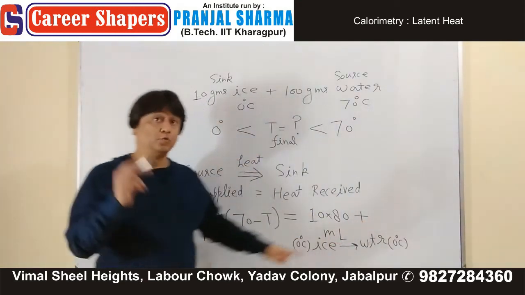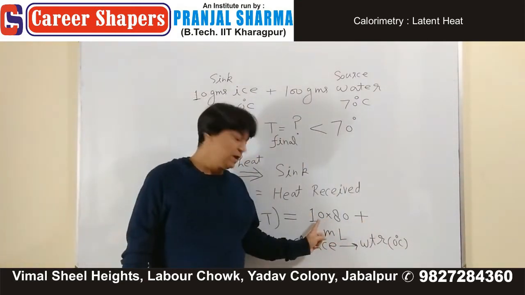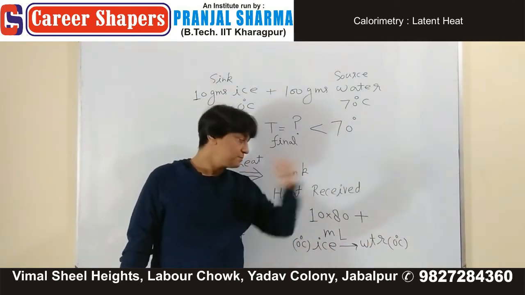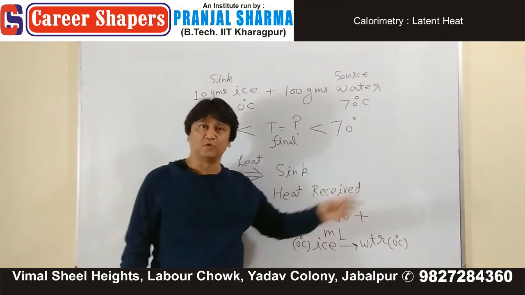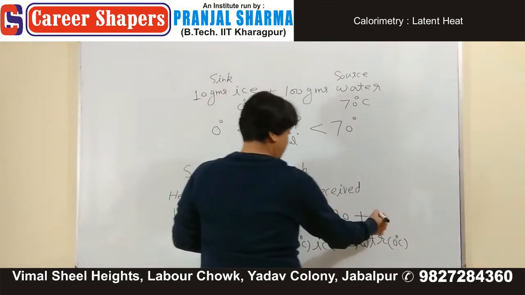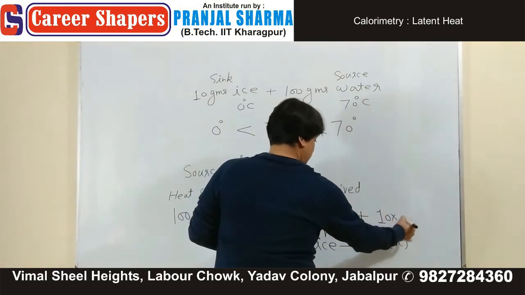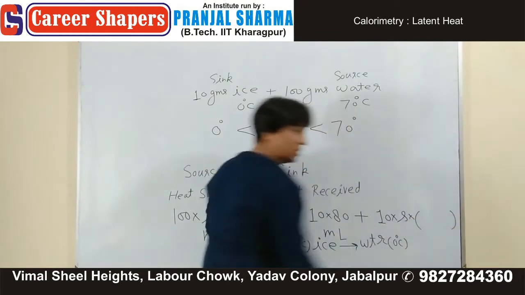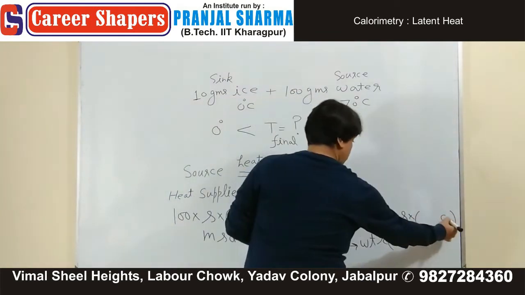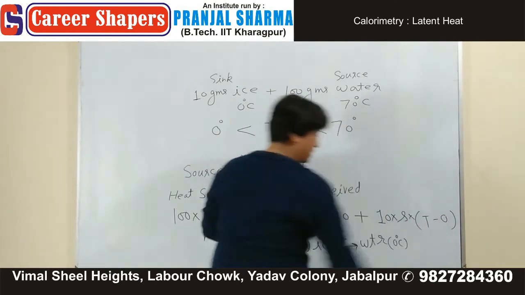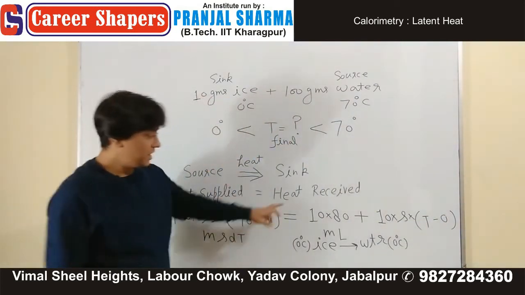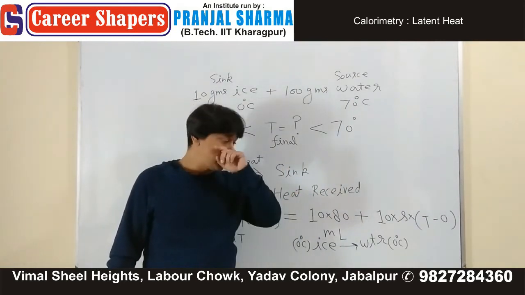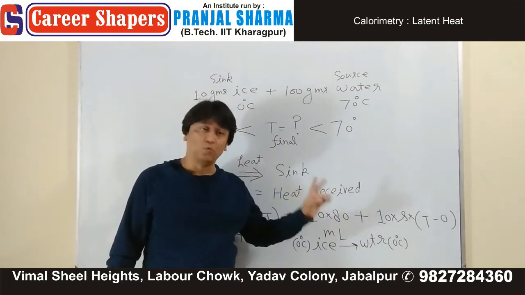This water, which water? The melt water. 10 grams of ice, once it melts completely, you get what? 10 grams of water. And this 10 grams of water with specific heat S increases its temperature from 0 to T. So heat is received by 10 grams of ice, but that heat supply is doing what?